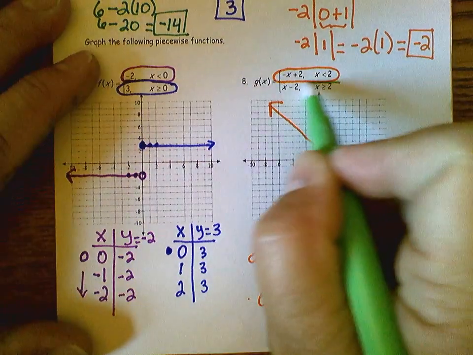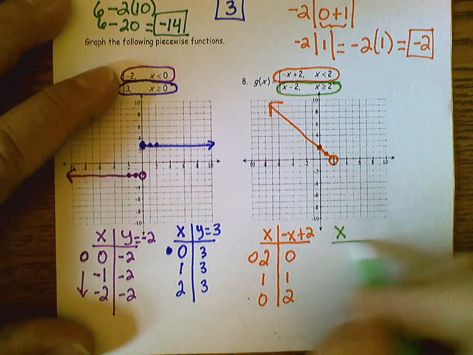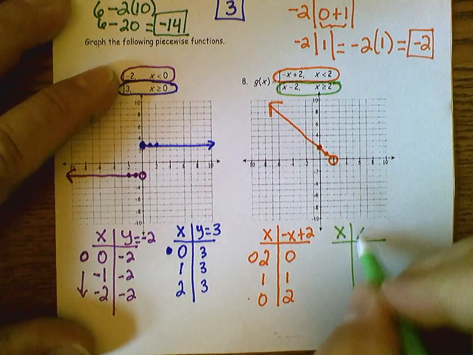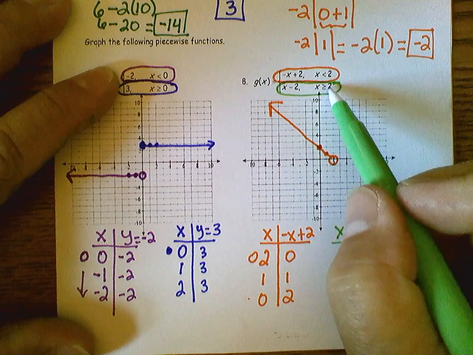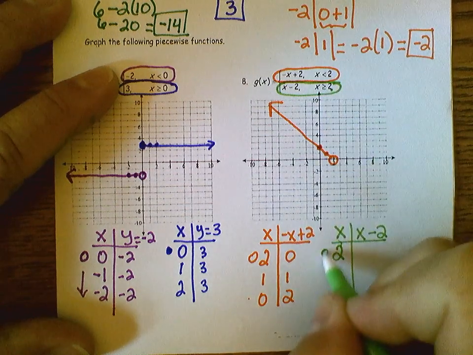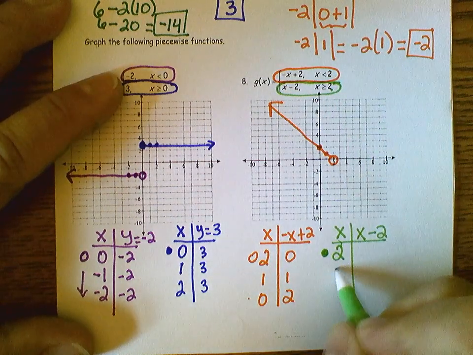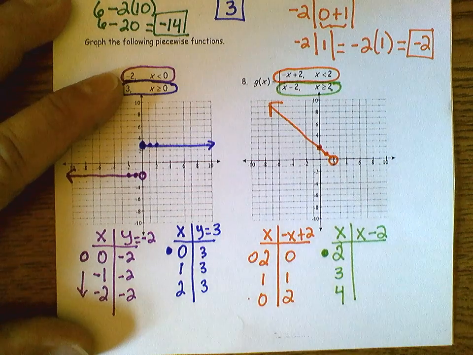Then I have x minus 2. So I'll make me a little table for that one. I will start with 2. It's a closed circle because it's greater than or equal to. And the greater than values would be 3, 4, and so on.